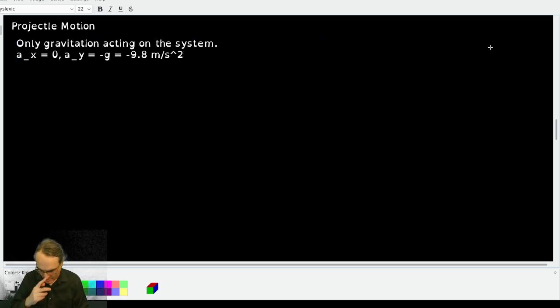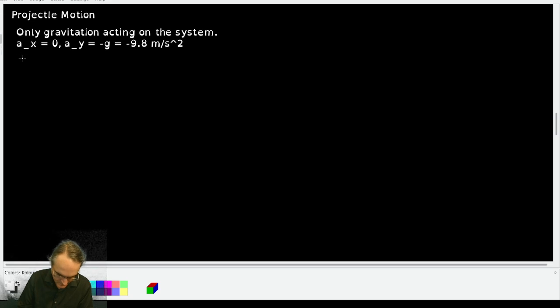Okay, that simplifies things a little bit, because if we're writing our equations in terms of components, x versus y, we just find that Vx is equal to Vx initial, because there's no acceleration in the x term, so nothing else will happen there.